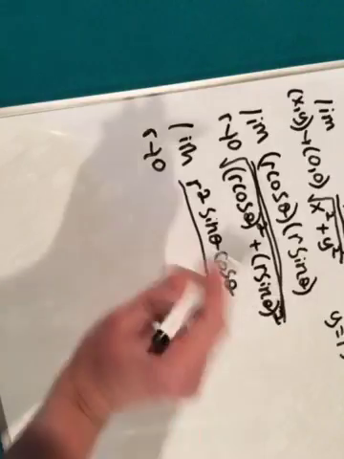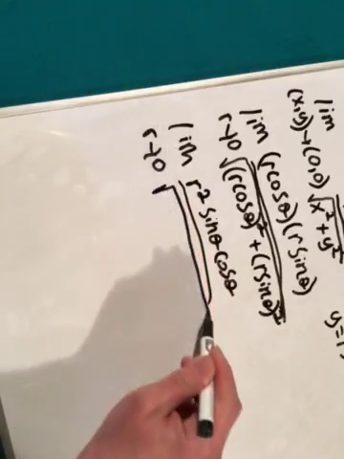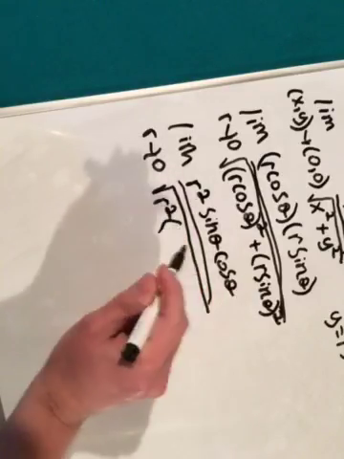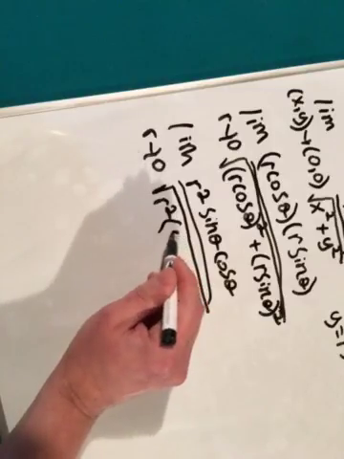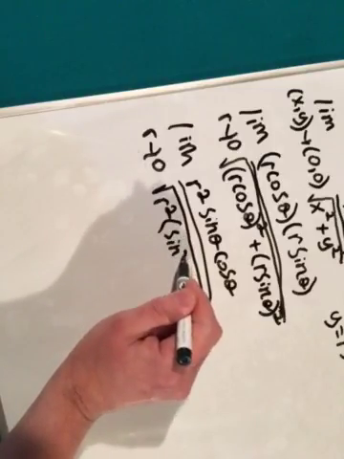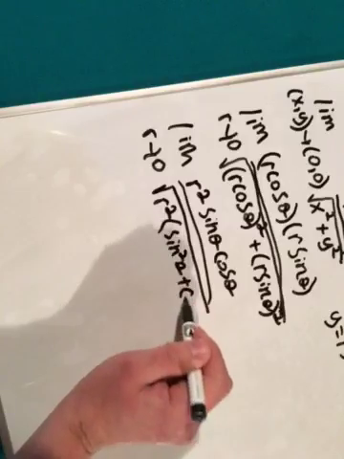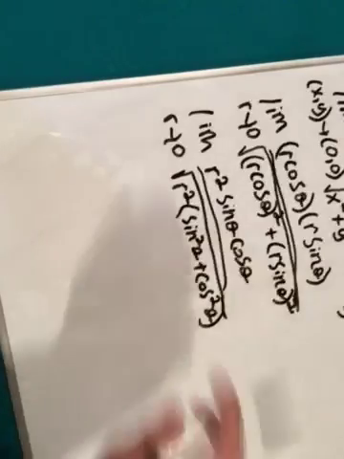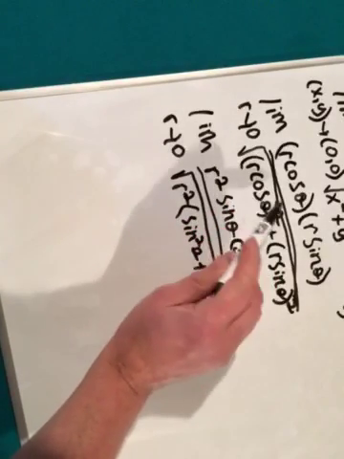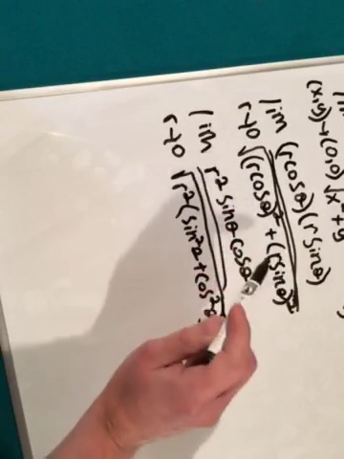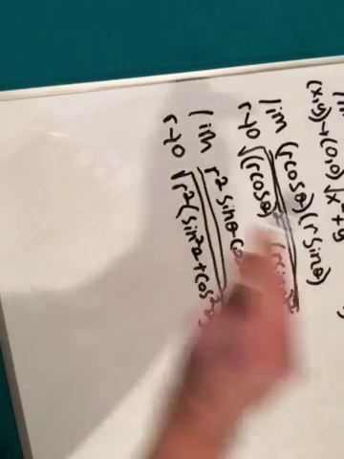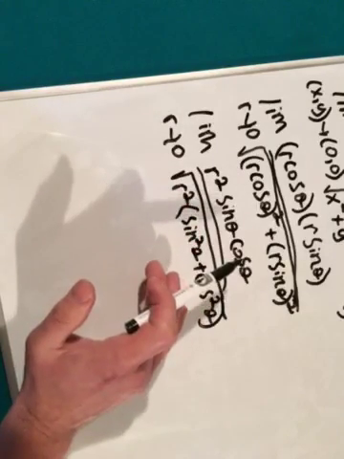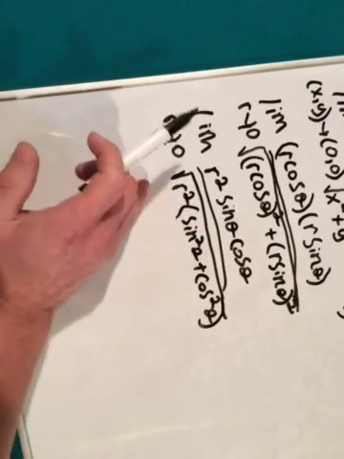So we can factor that out and do the square root of r squared times sine squared theta plus cosine squared theta. If you were to multiply this, you get r squared cosine squared plus r squared sine squared. You can factor out the r squared and get r squared times sine squared plus cosine squared, and we're still under that square root.